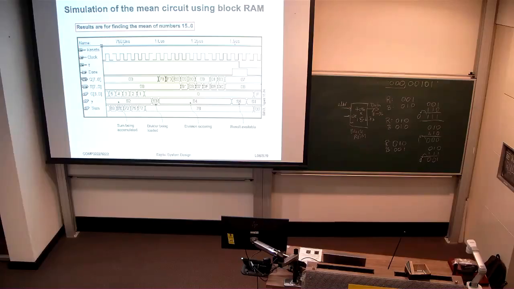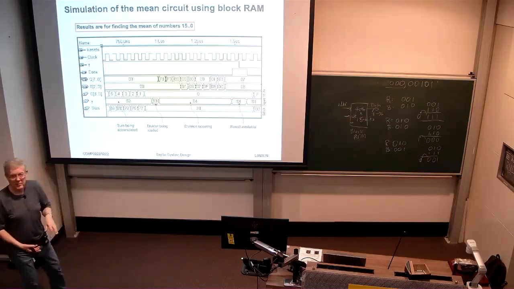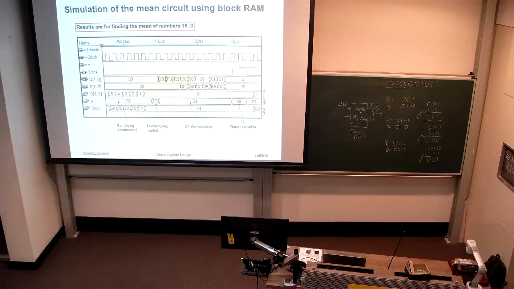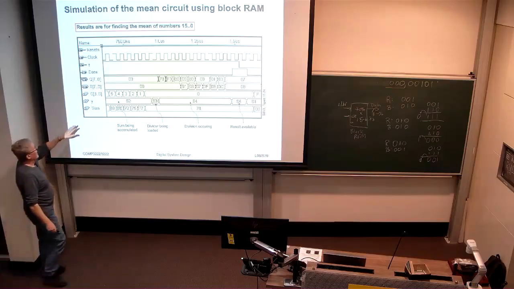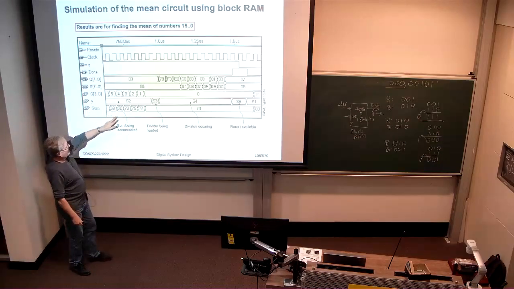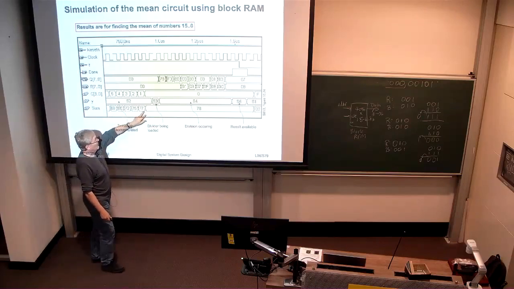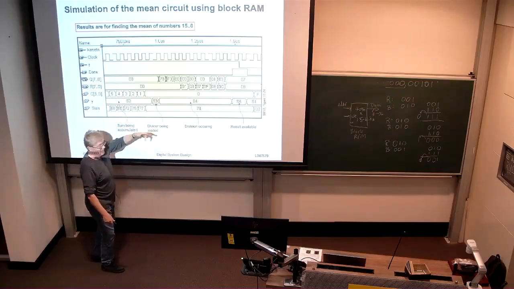So this simulation assumes we're using block RAM, and it assumes that we've loaded the 16 lowest addresses in the block RAM with the numbers 0 through 15, as is indicated here by this value. We can check that by seeing that as we're accumulating the sum here in state 2, we're getting down to 72 plus 3 is 75, plus 2 is 77, plus 1 is 78, plus 0 is 78.